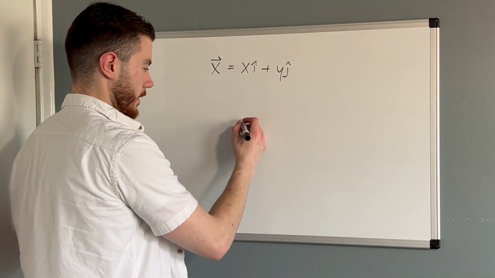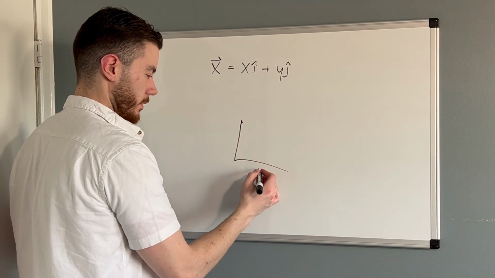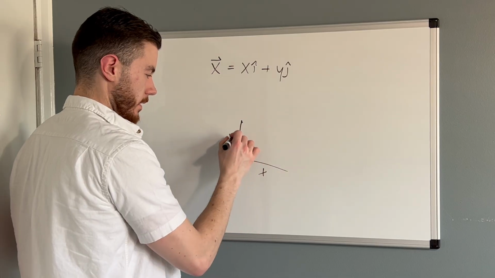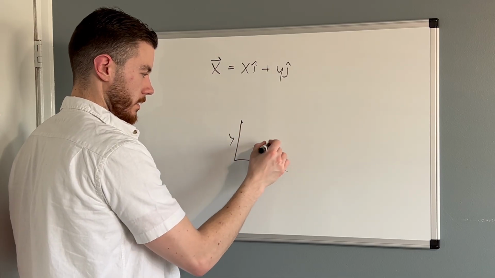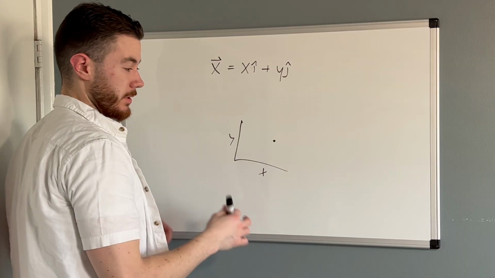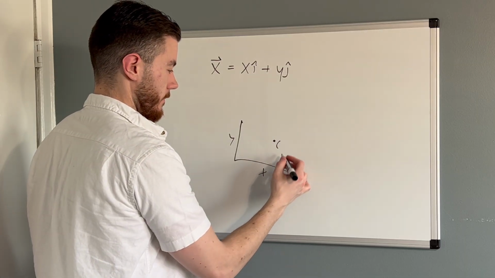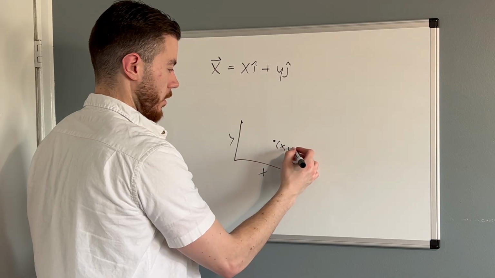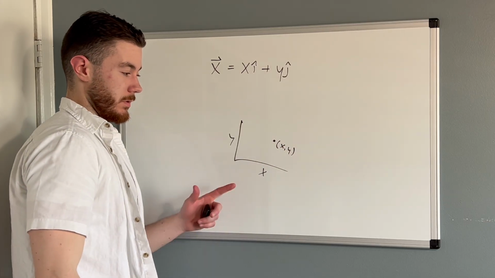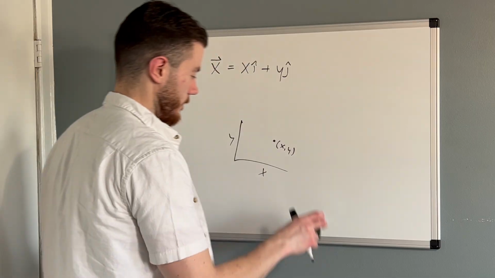If we have a coordinate system x and y, and there's some dot at a random position in the plane, this dot has a position x comma y. So it's a 2-dimensional position.